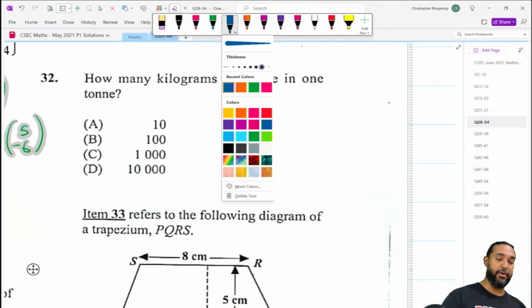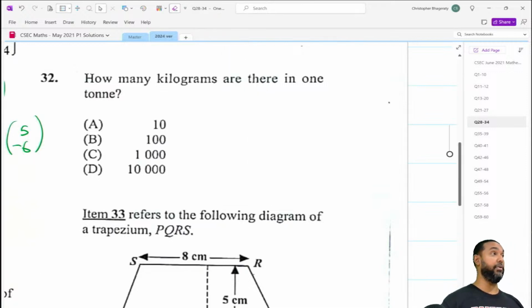I don't ever remember being taught in tons at all, so I don't even know if it was on the syllabus, but it did come up. Thankfully, we have Google. You can ask it things now, and ChatGPT and these things.